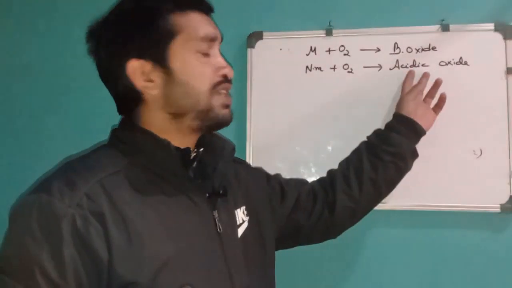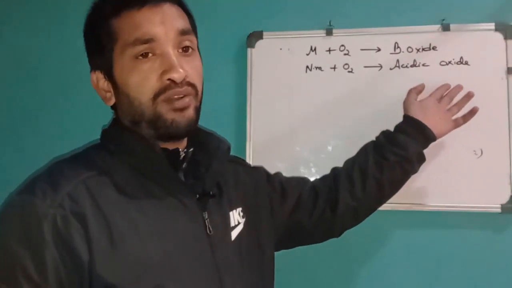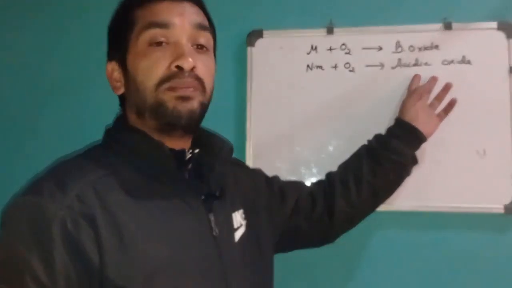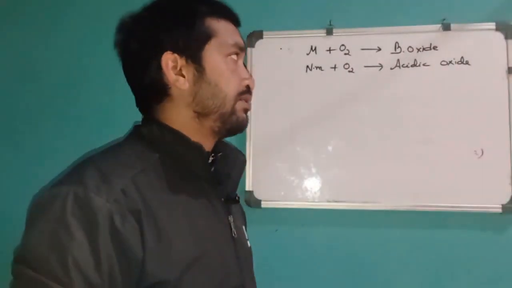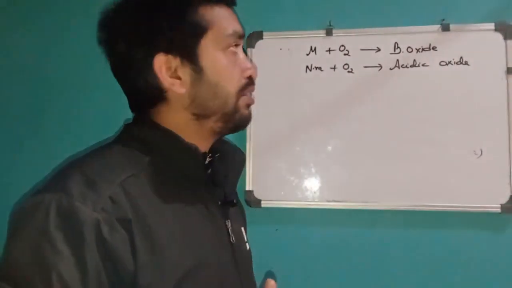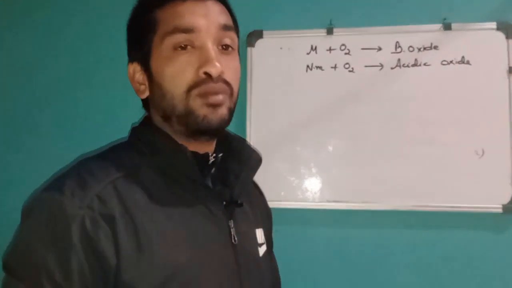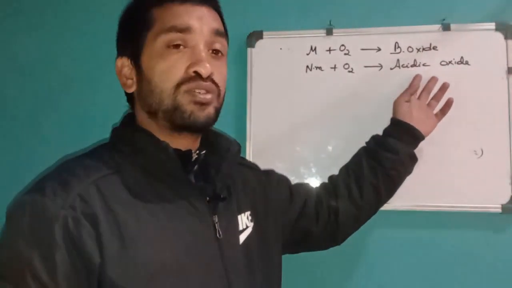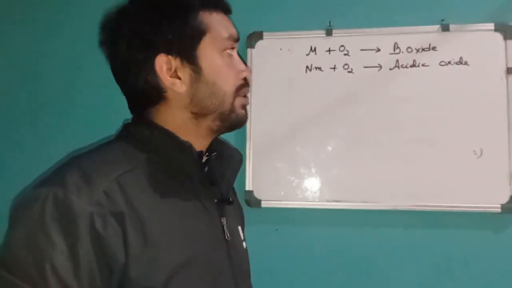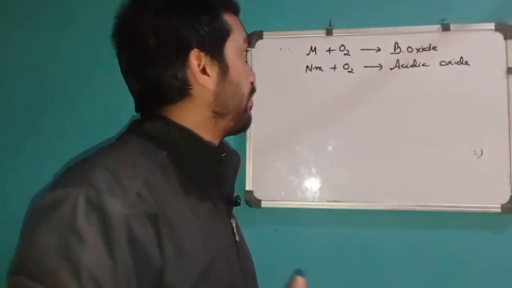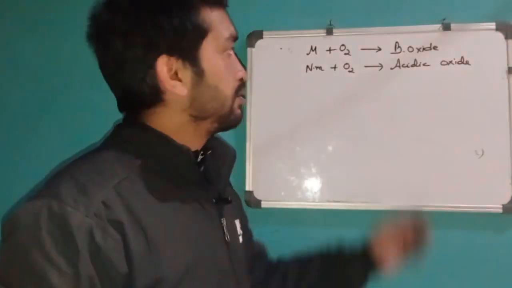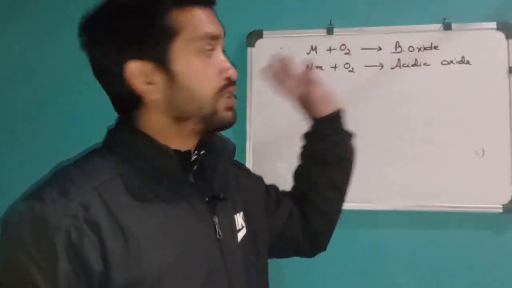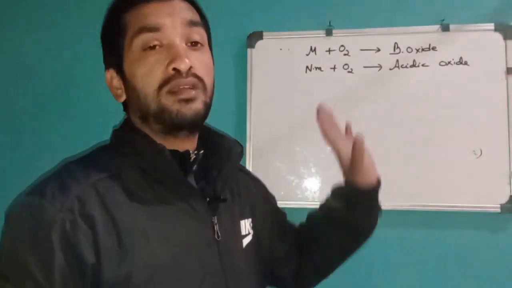It means if I get an acidic oxide, it will exhibit the properties of acids, like it will have a pH less than 7. And if you are using indicators, it will turn blue litmus to red. These are the properties of acids. So if it is an acidic oxide, it will show all the characteristics of acids. Okay, so the key statement is: metal with oxygen, basic oxide; non-metal with oxygen, acidic oxide.